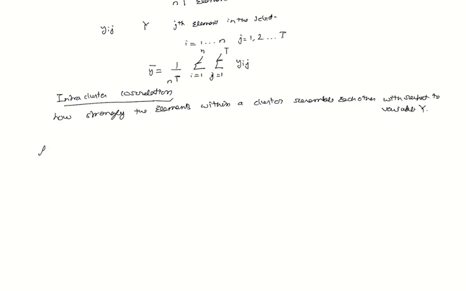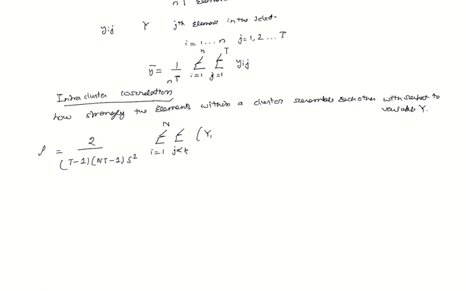So rho is equal to 2 upon t minus 1, nt minus 1, s square, summation i is equal to 1 to n, summation j less than k. Now j and k are just two elements in a cluster.